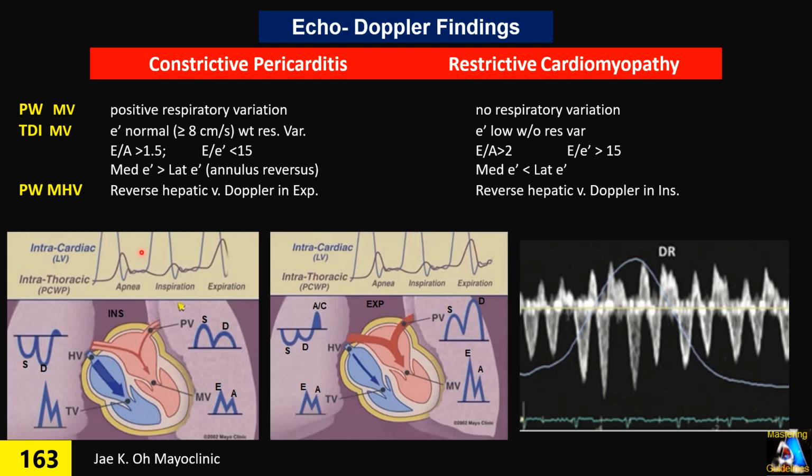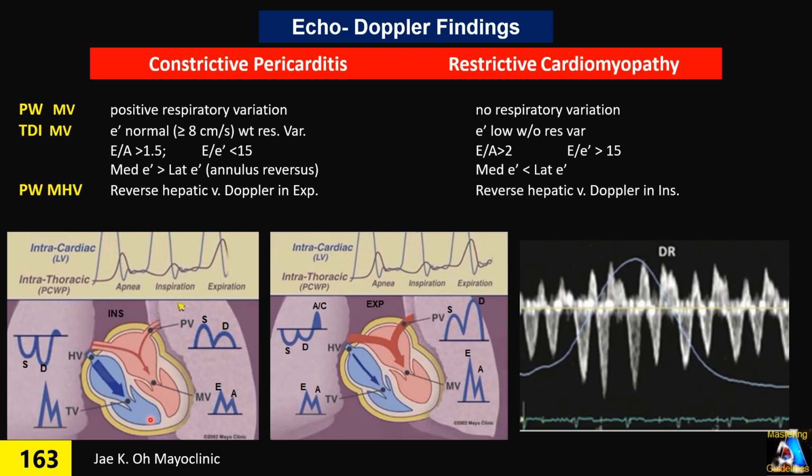In other words, when the intrathoracic pressure becomes negative, which happens during inhale, that negative pressure doesn't apply to the left and right ventricles and both atria. But this negative pressure increases the inflow into the right ventricle.